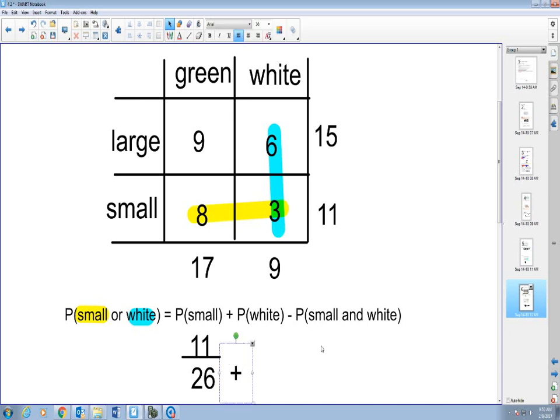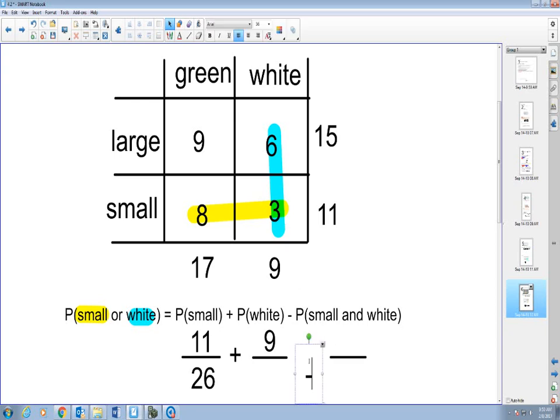The white one is 9, and inside that 9, 3 of them are also small. So if I add the 2 together, I count this 3 twice.